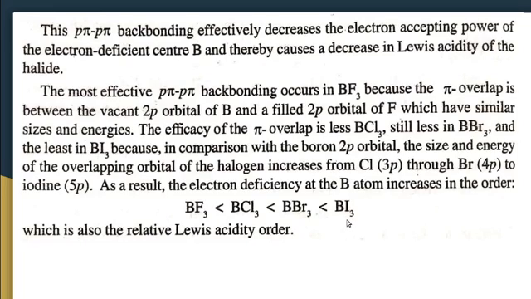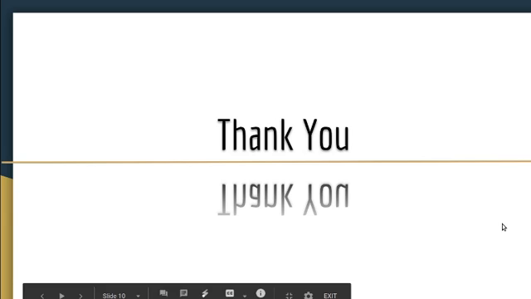BI3 has high Lewis acidity because of weak p pi back bonding due to the large size of the iodine 5p orbitals compared to the 2p orbital of boron atom. So this is about the Lewis acidity order of boron trihalides. Thank you.